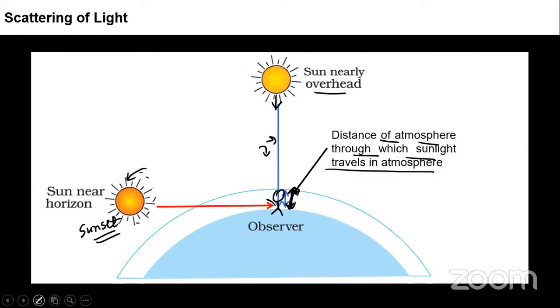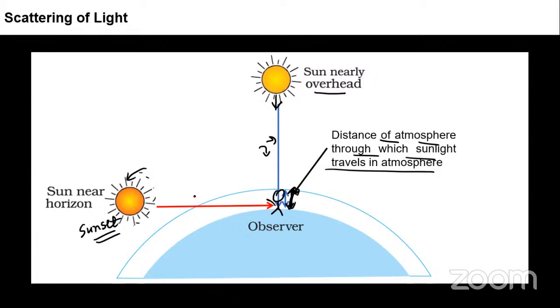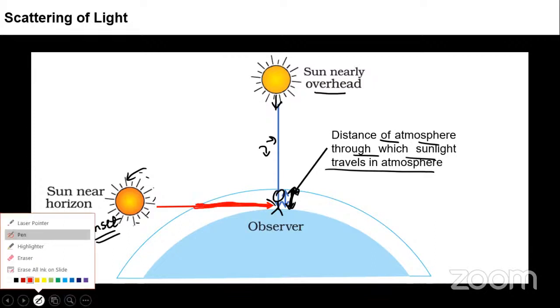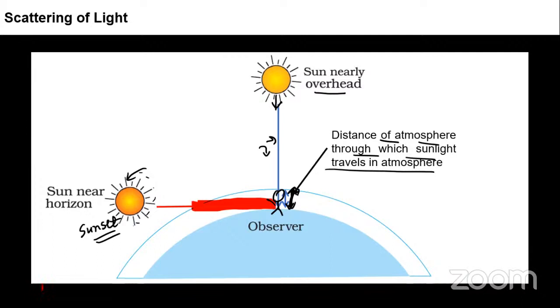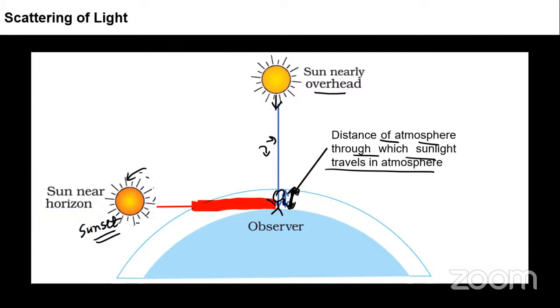What's the reason? The light which is entering when the sun is at the origin, when it reaches us, it travels this much distance in the atmosphere. It is traveling this much distance, students. And if you compare that overhead picture, in the overhead it is only traveling this much.